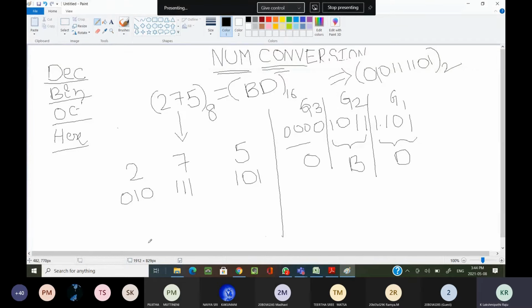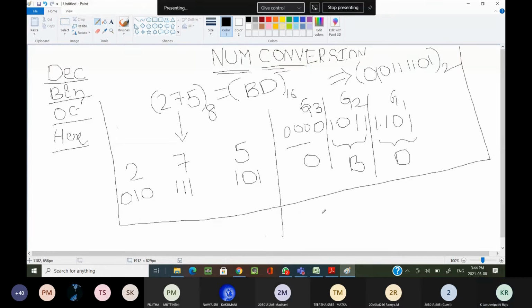Please note down this problem in your notebooks, because I can give you one more example: 572 of base 8, convert into hexadecimal.